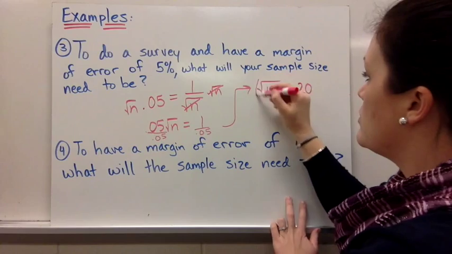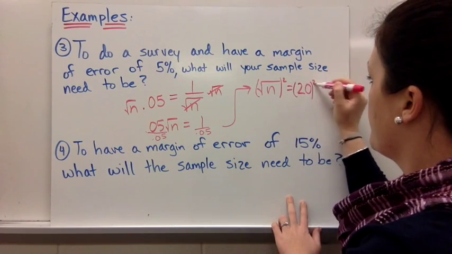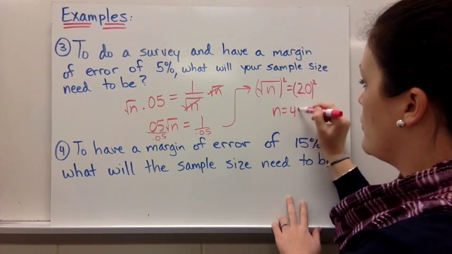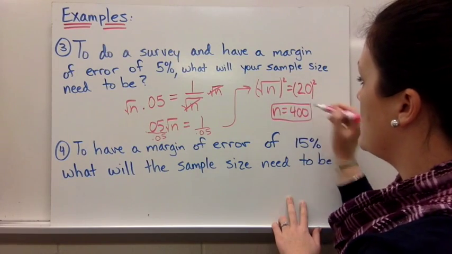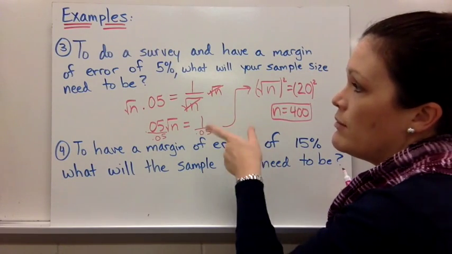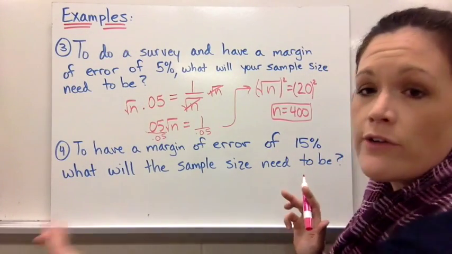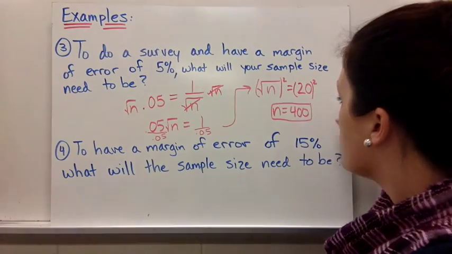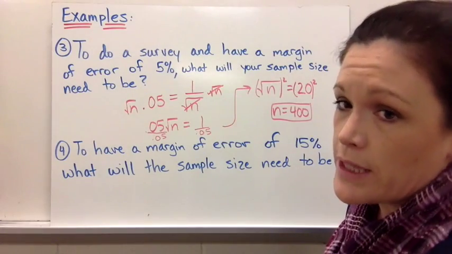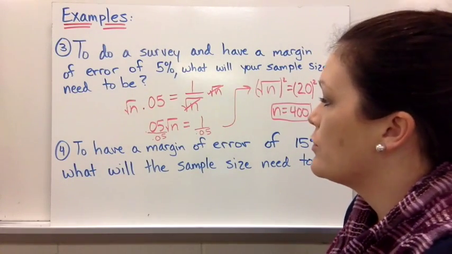So I'm going to square both sides at that point, and n will equal 400. So I can tell that I need a sample size of 400 in order to get a margin of error of 5%. And that's also the example I used on that very first board. So sometimes you can even memorize them if they ask you about them frequently, but if not, you can always calculate it with your formula.